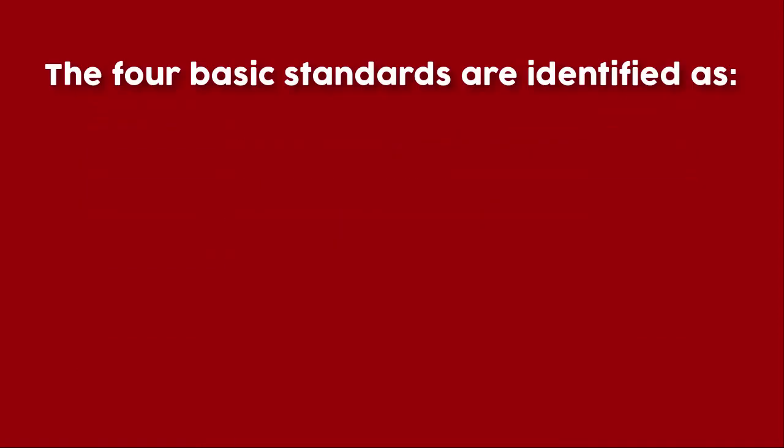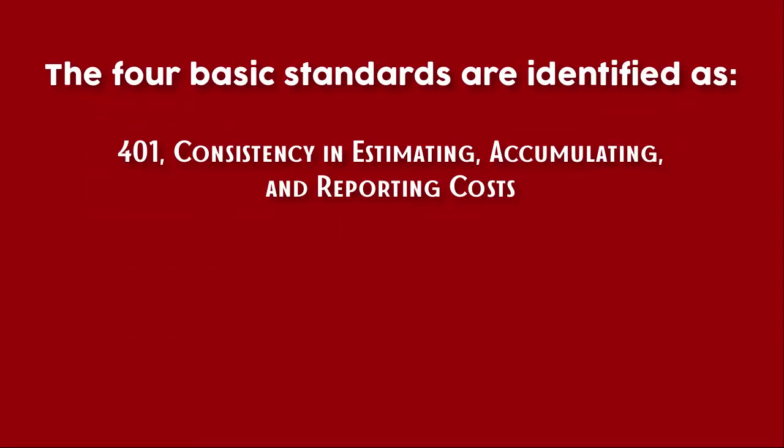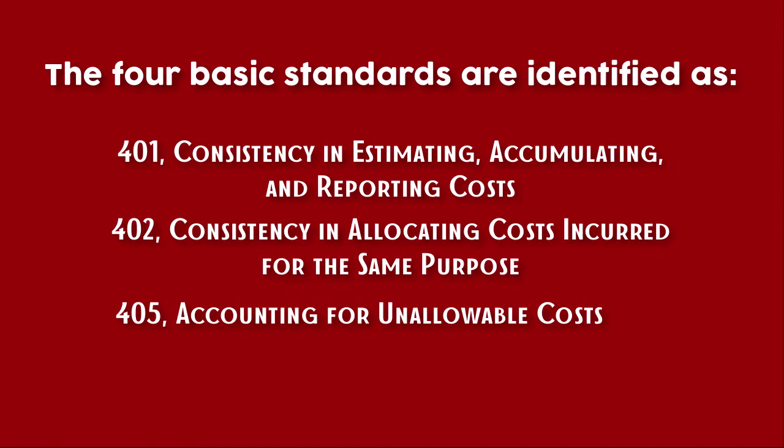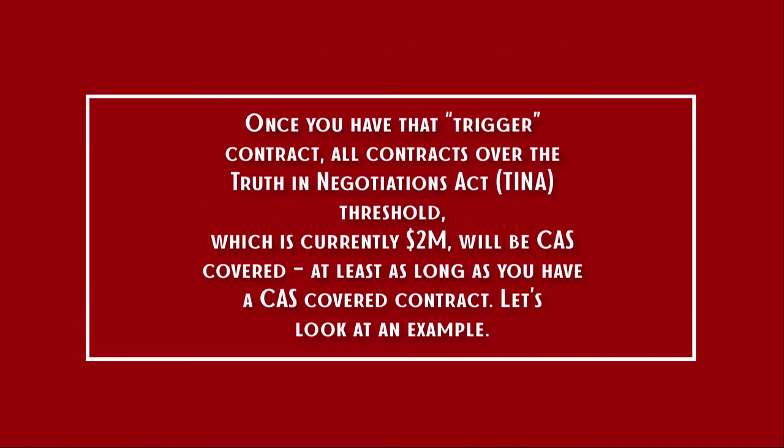The 4 basic standards are identified as CAS 401, consistency in estimating, accumulating, and reporting costs; CAS 402, consistency in allocating costs incurred for the same purpose; CAS 405, accounting for unallowable costs; and CAS 406, cost accounting period. Once you have that trigger contract, all contracts over the Truth in Negotiations Act threshold, which is currently $2 million, will be covered by CAS, at least as long as you have a CAS-covered contract.